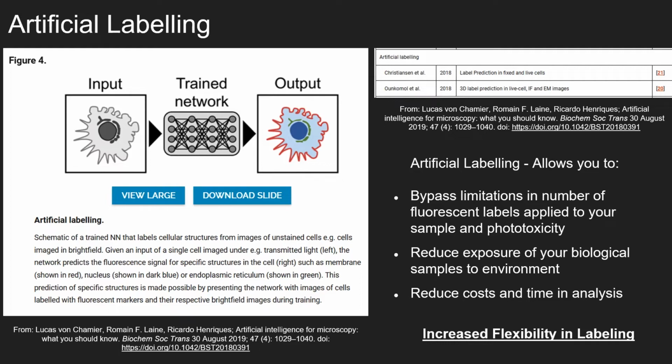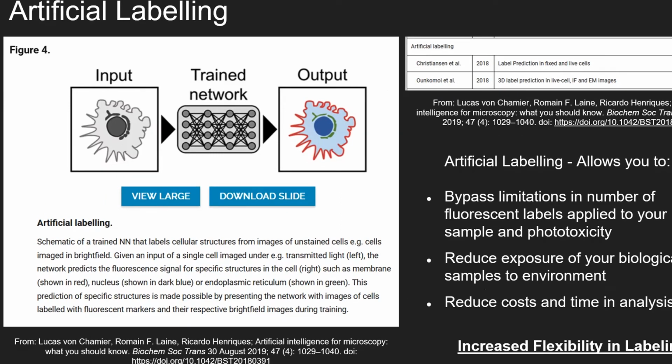But another point I bring up is the reduction of exposure of your biological samples to the environment. Some people might say, well, don't you have your cells in a flask? Well, your cells when they're in the incubator will be in a flask, but you have to think about the environment that your flask is going to be in.